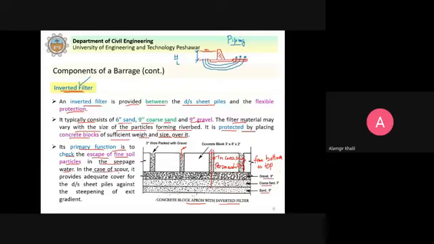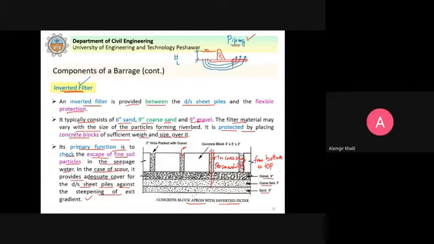In the case of scour, it provides adequate cover for the downstream sheet piles against the steepening of exit gradient. So the gradient, this is the hydraulic gradient at the exit point. This is the exit gradient. And this gradient must be less than the critical gradient for safety against this piping failure. We study this in detail in the coming slides. So you can see that in case of scouring, it is also providing protection here.